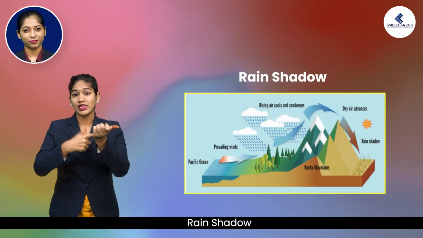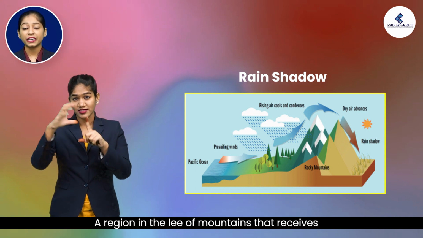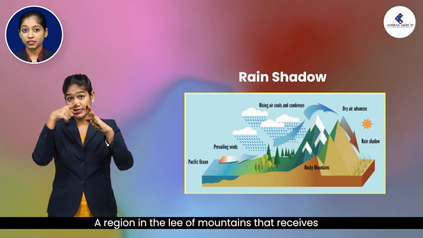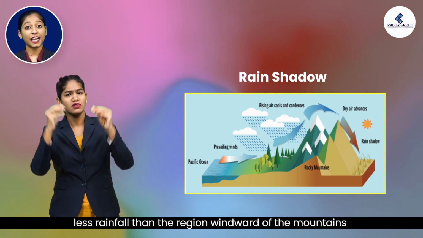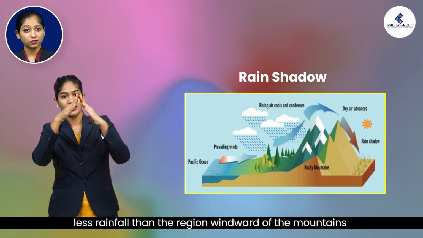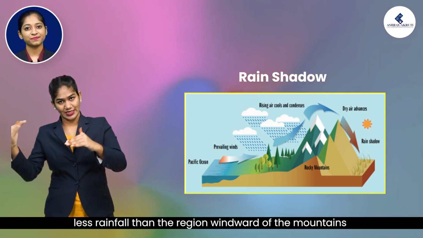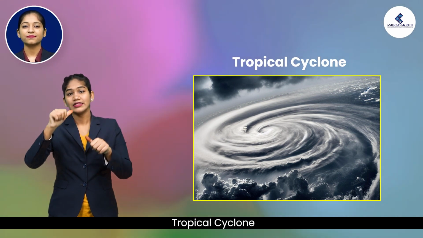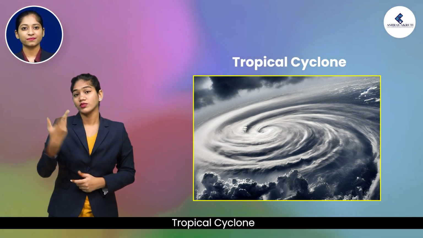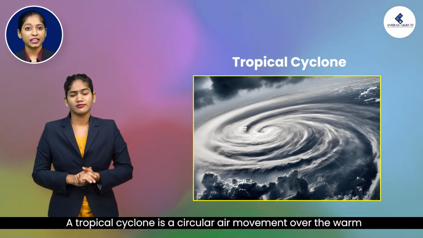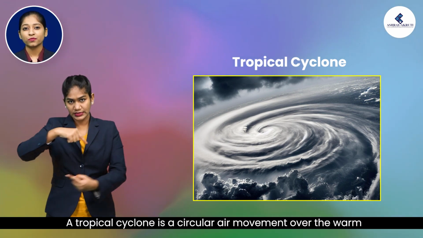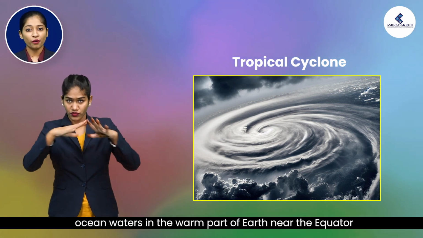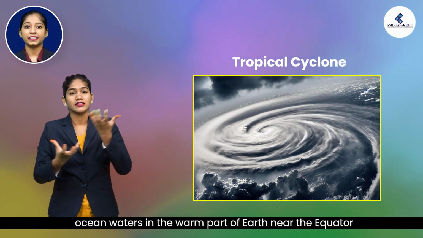Rain shadow, a region in the lee of mountains that receives less rainfall than the region windward of the mountains. Tropical cyclone. A tropical cyclone is a circular air movement over the warm ocean waters in the warm part of Earth near the equator.